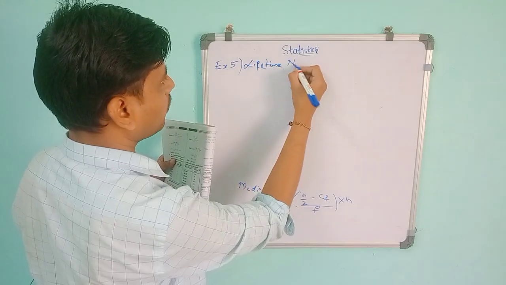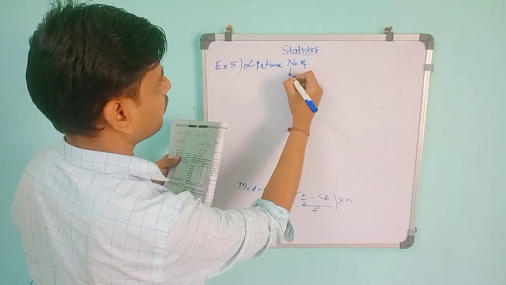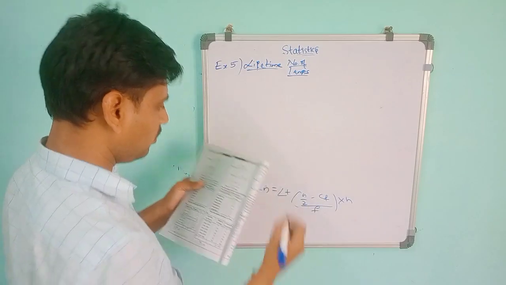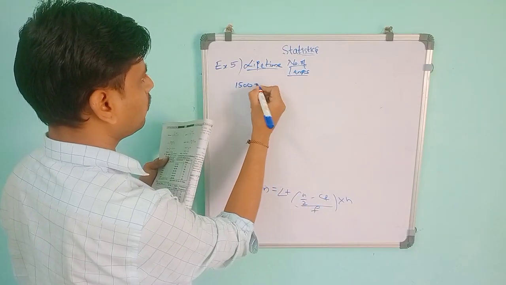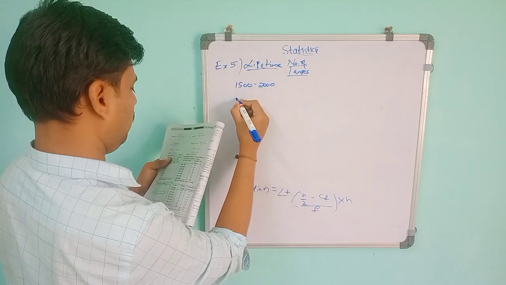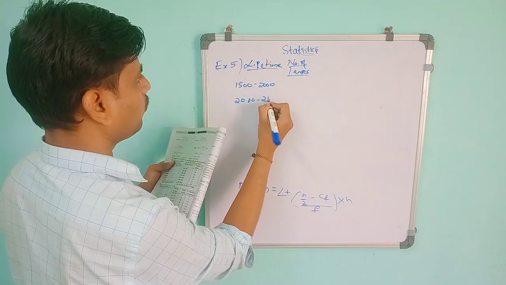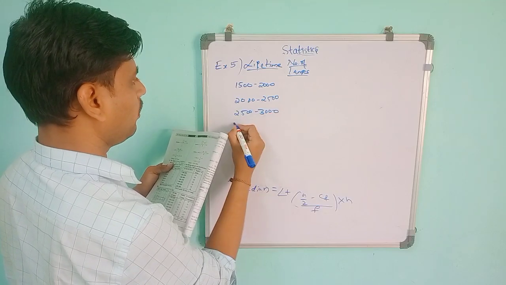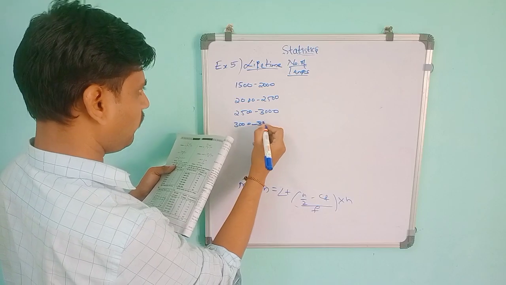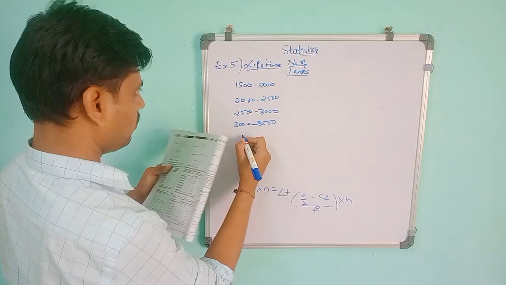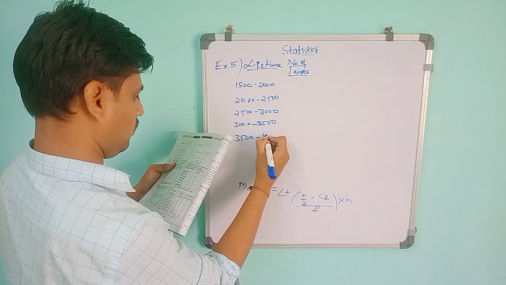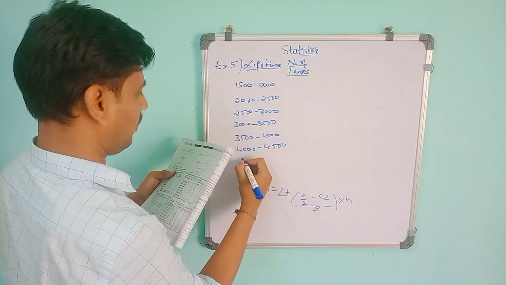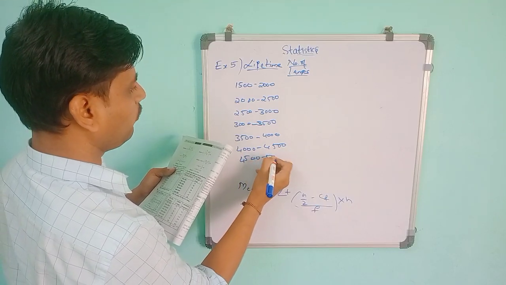Then the number of lamps. The class intervals are 1500 to 2000, then 2000 to 2500, then 2500 to 3000, then 3000 to 3500, then 3500 to 4000, then 4000 to 4500, and the last is 4500 to 5000.